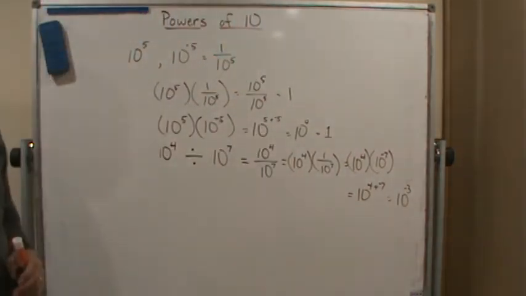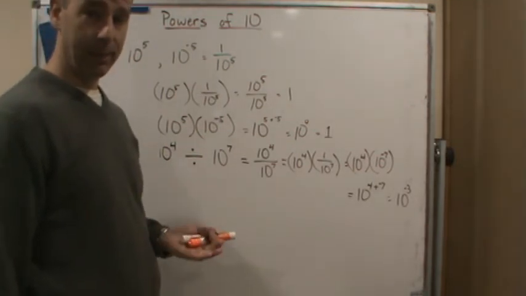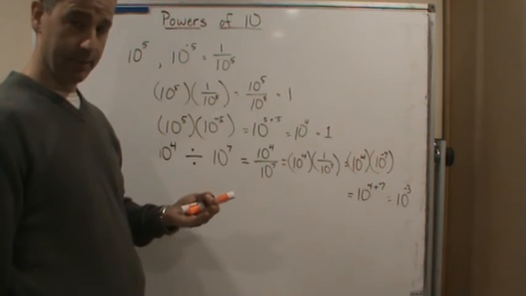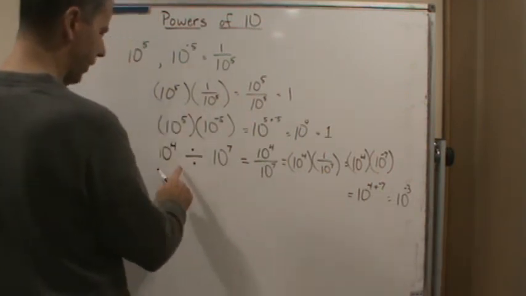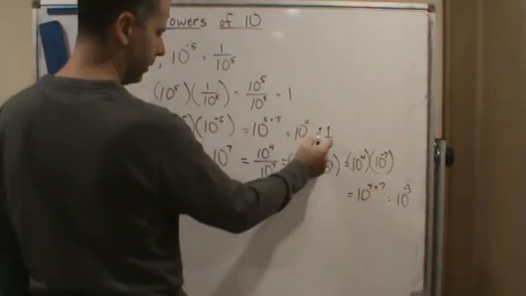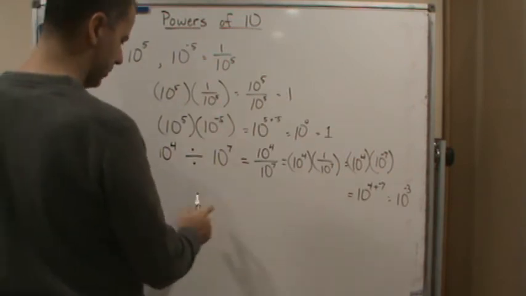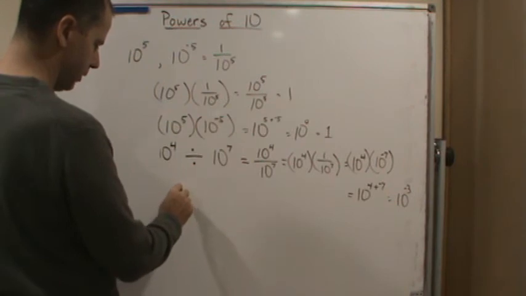But there's a quicker way of doing this. If you're multiplying, we add the exponents. In division, notice what we do.